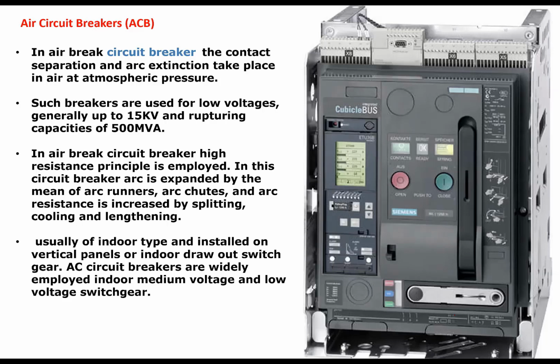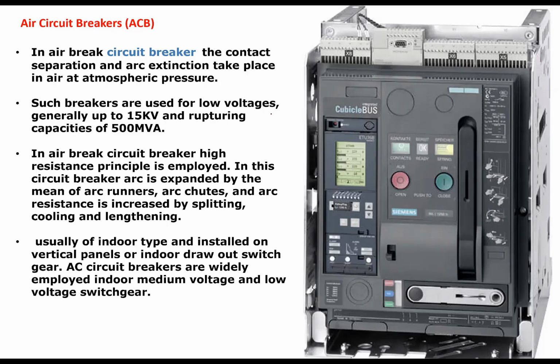So these concepts we discussed yesterday, and we also discussed miniature circuit breakers and molded case circuit breakers. Now the third type of circuit breakers that we commonly use are the air circuit breakers. In air circuit breakers, what is the medium between the fixed and moving contact?